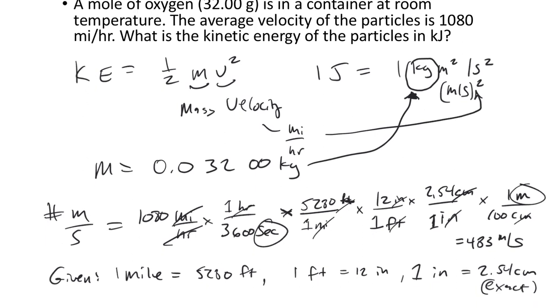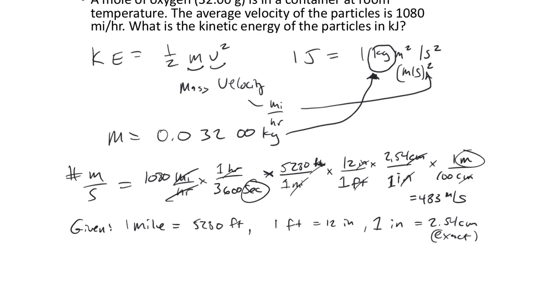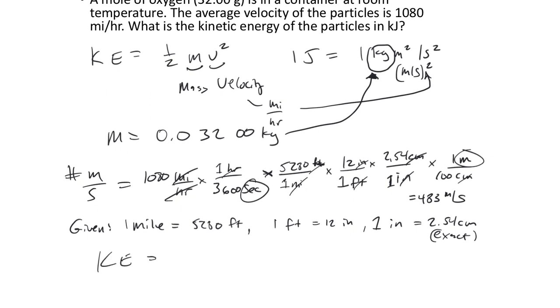And so to solve this problem, our kinetic energy would be 1/2 times 0.03200 kilograms, times 483 meters per second squared. That's going to equal 3,730.